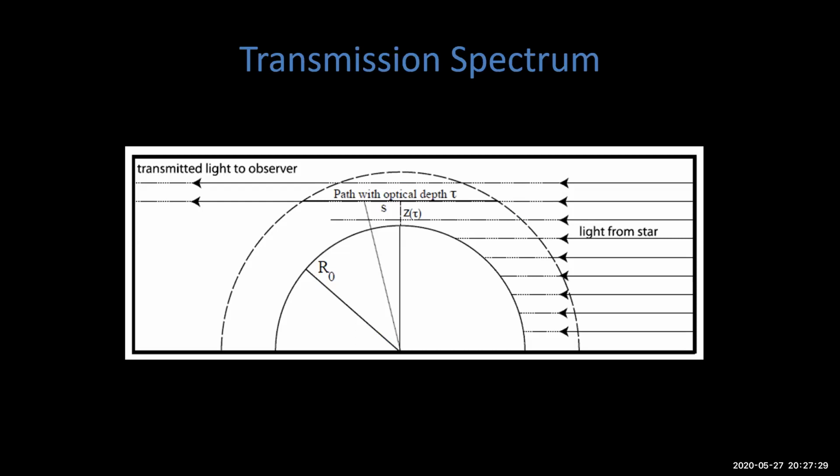Here's just more showing how the light passing through the atmosphere of the planet gets affected by the atmosphere on its way to Earth. And we can calculate all that math and do all of that.